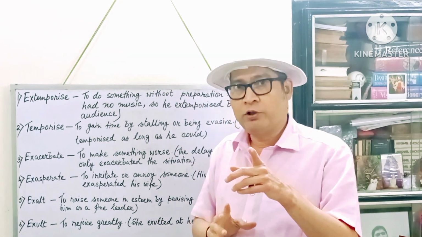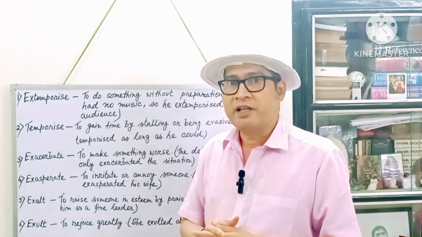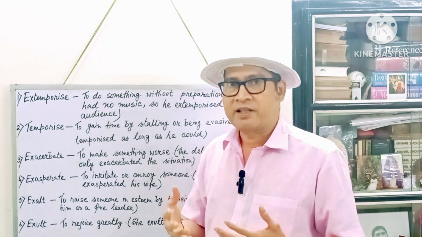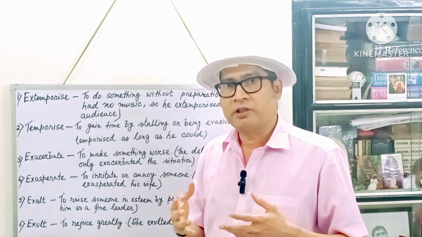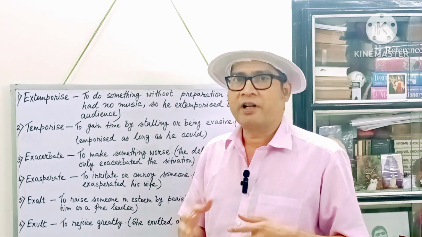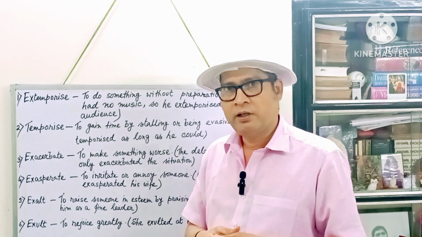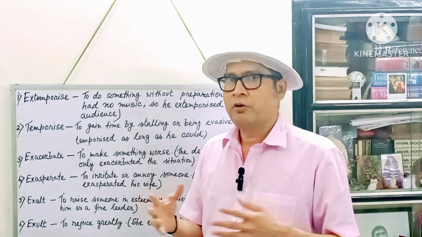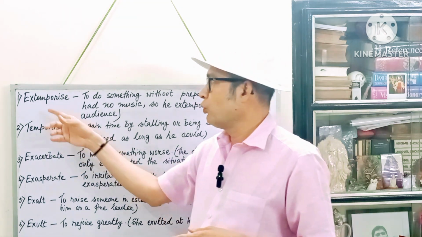And as I have told you, mind the pronunciation of the word extempore. This is pronounced this way only. Alright? I think next time you will be a little more cautious when you are pronouncing this word.